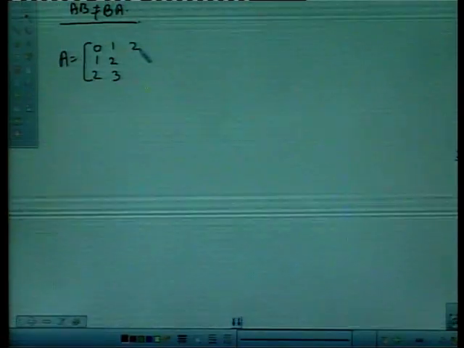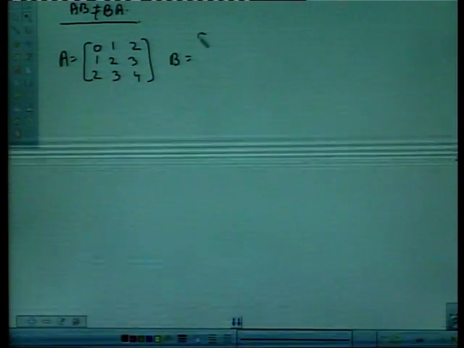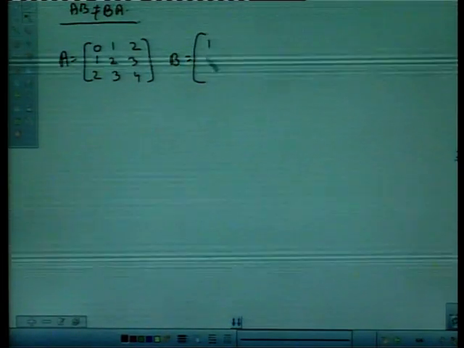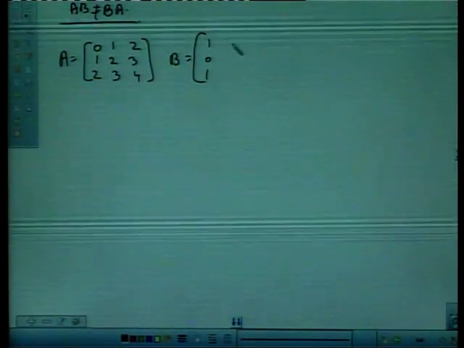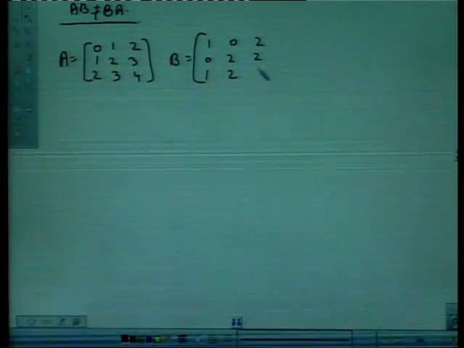Now, for this, AB is not equal to BA, we will take an example. Let A be equal to 0 1 2, 1 2 3, 2 3 4, and B equal to 1 0 1, 0 2 2, 2 2 0.